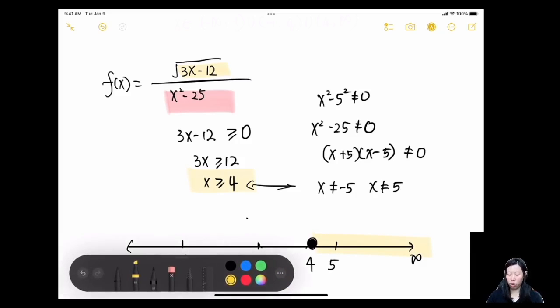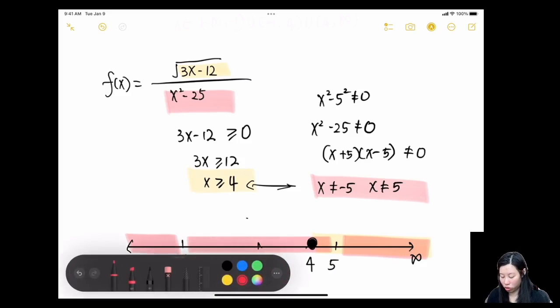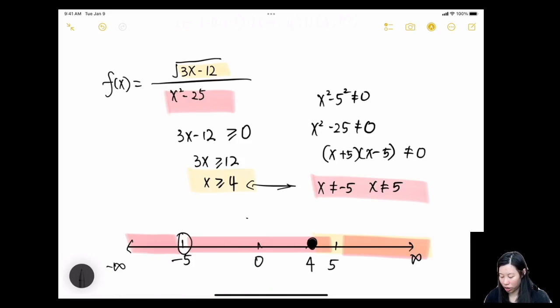And then from the bottom, we know that x can be anything except for -5 and 5. So these two, 5 and -5, have to be circles. So now we combine all of these together.